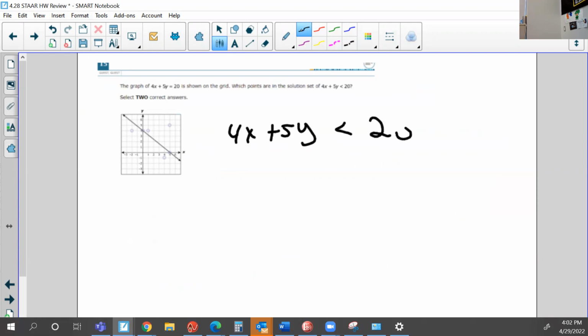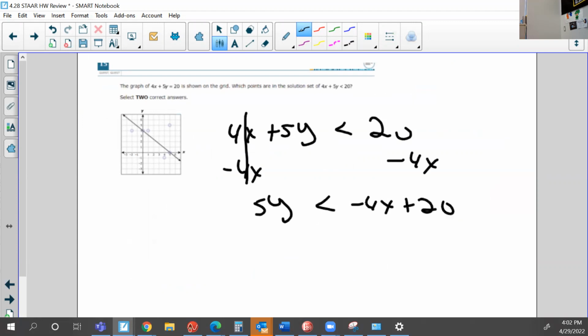To solve for y, subtract 4x from both sides: 5y is less than minus 4x plus 20. Divide by 5, so y is less than negative 4/5 x plus 4.